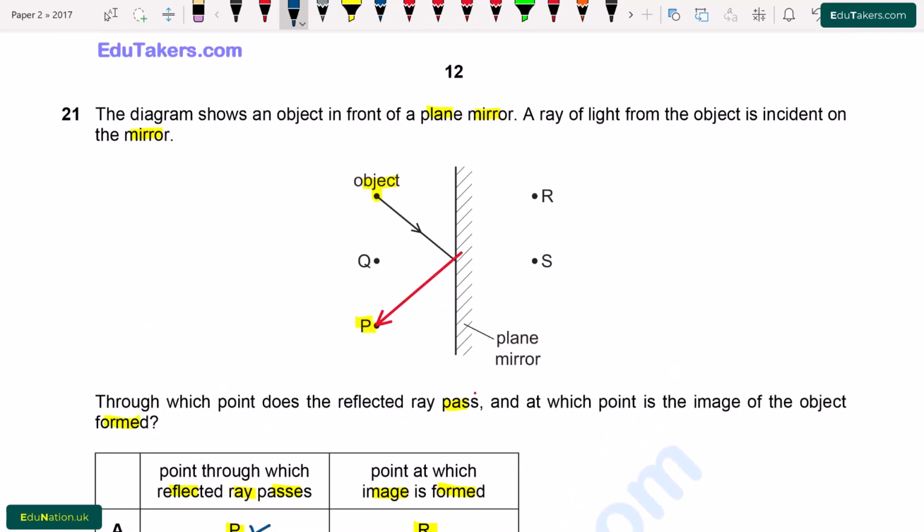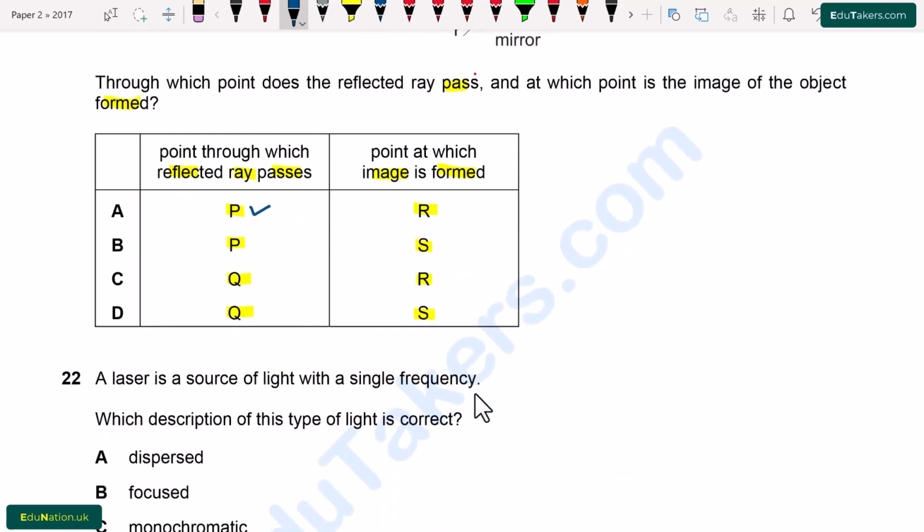We can see here the image by the plane mirror is formed by extrapolation of this ray. Now I am going to extend this ray in the backward direction. It meets at the point R. It means that the location of the image is at point R. From here, option A is correct.